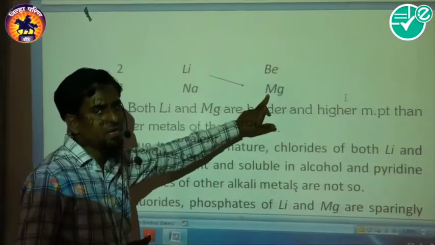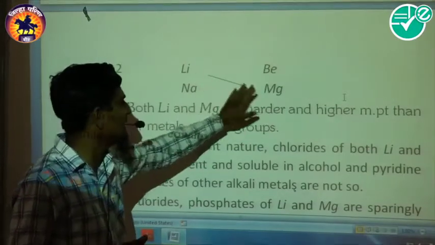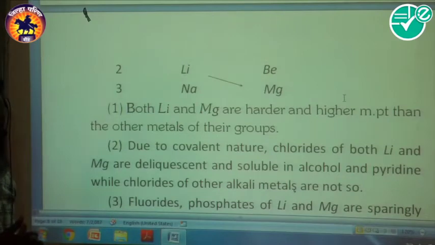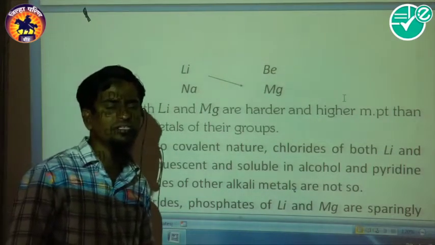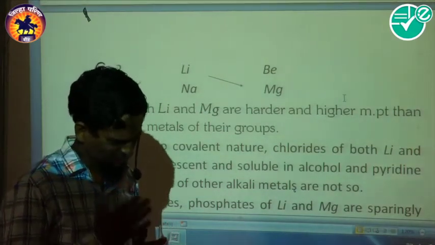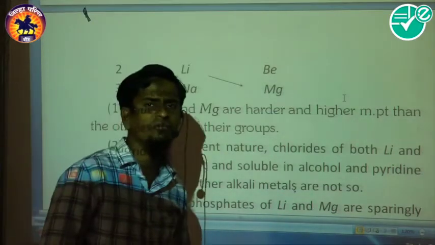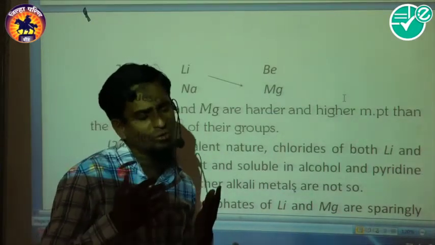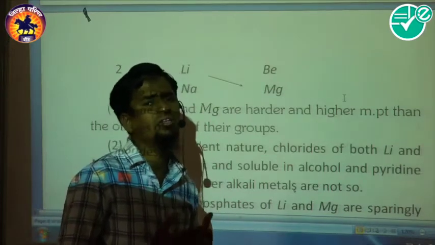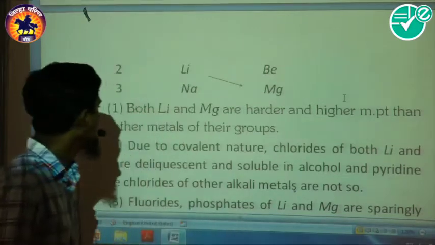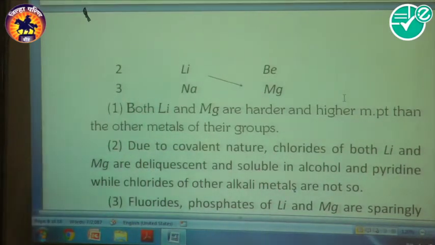It means that the properties of lithium and magnesium are almost the same because they have nearly the same charge to mass ratio, and also nearly the same size. That's why they show similar properties.